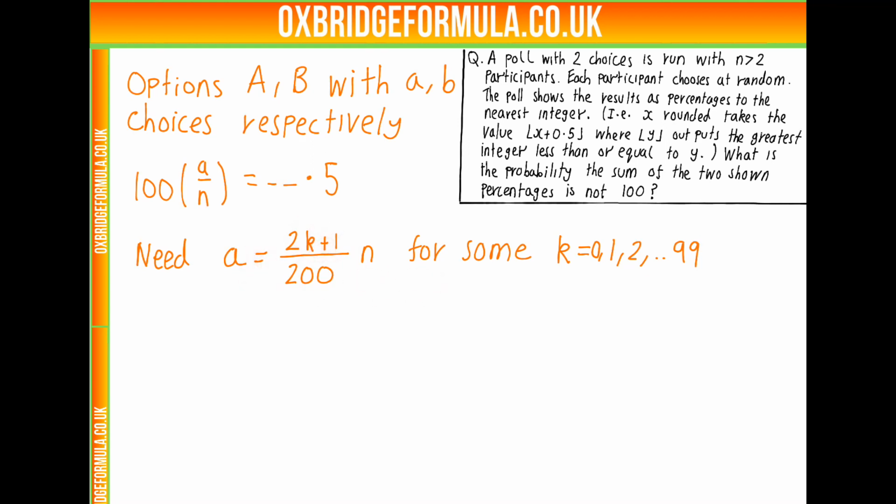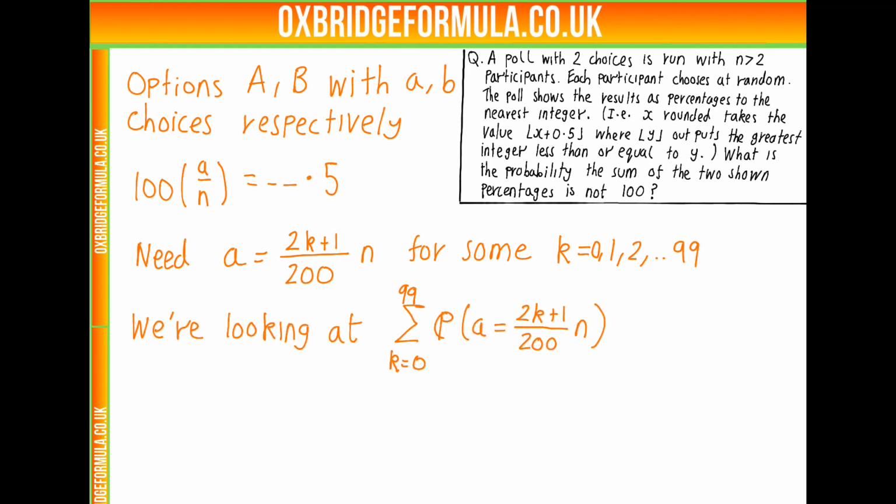So we've got A here, and we're looking at the sum from k equals 0 to 99 of the probability that A is (2k plus 1) over 200 times n. And A will be a binomial distribution, because we need to pick A times from n total trials, and each one's a half. And we know binomial distributions only generate integers as answers.